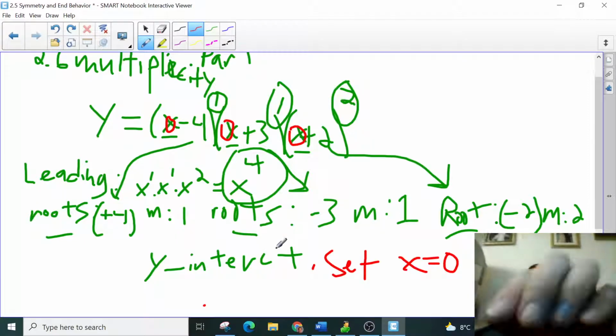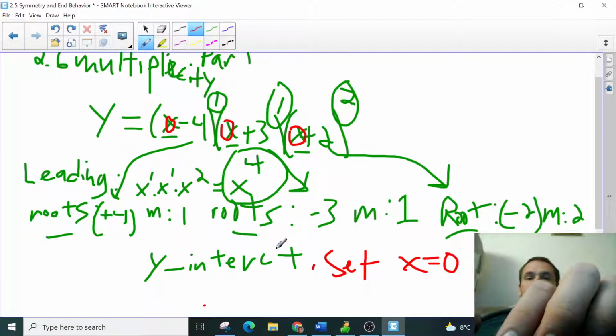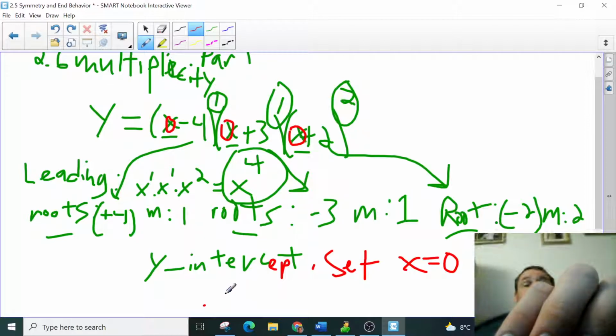Okay, so that's the y-intercept. So we're going to take each of those zeros and just multiply them. That's going to give us our y-intercept. And you can graph it as well in Desmos and check it out because that's also on there too.